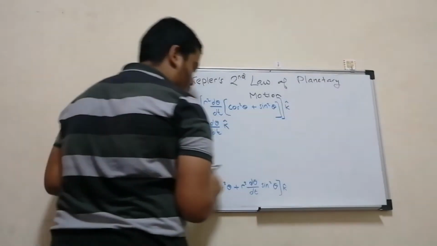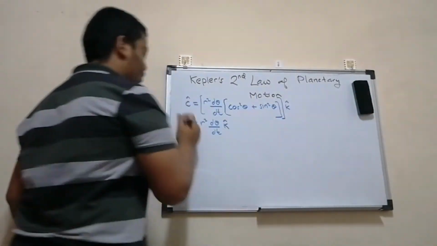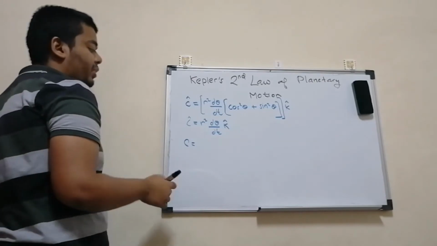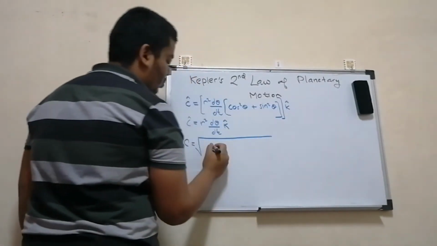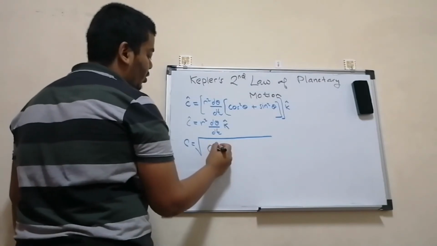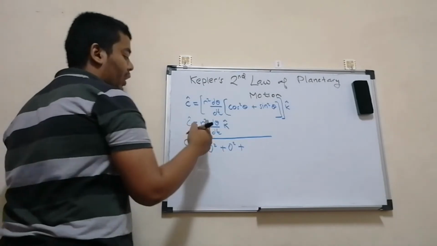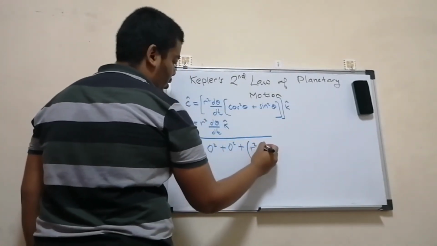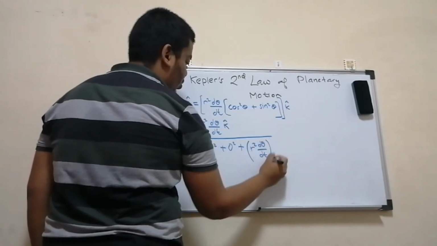So let's go ahead and find the magnitude of c. The magnitude of c is given by, because the i component is 0, 0 squared plus 0 squared plus the k component squared, r squared d theta over dt whole squared.